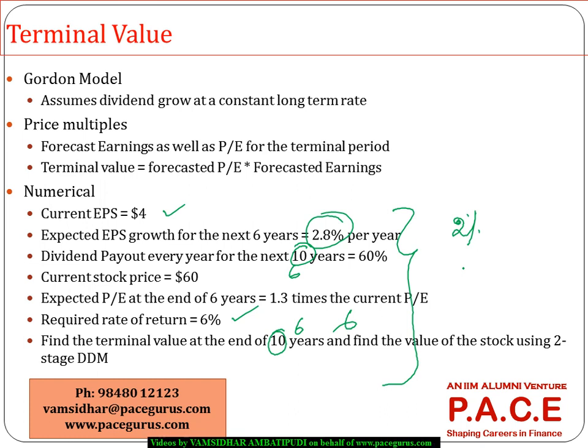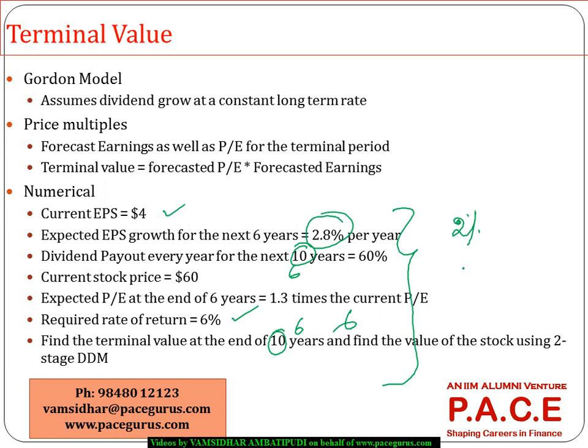Because from the 7th year there is a constant growth, I can use D1 by KE minus G. I am finding the value at the end of the 6th year by taking the 7th year's dividend, the next period dividend, by R minus G. Based on that, we get some value, and for the first 6 years, different dividends are declared.